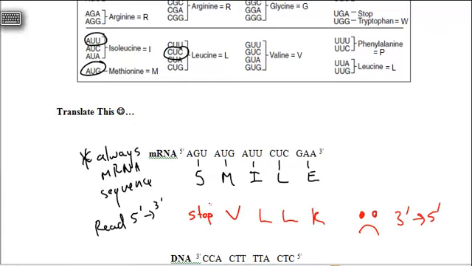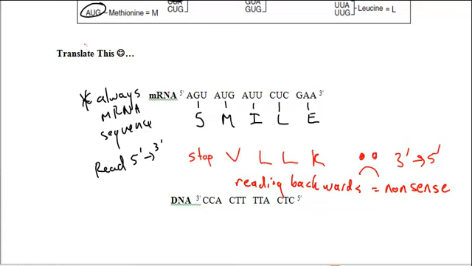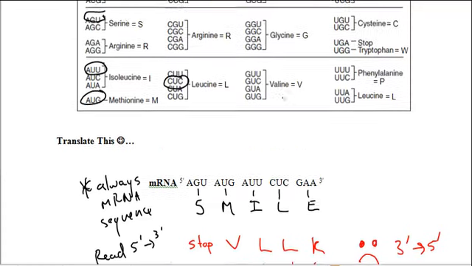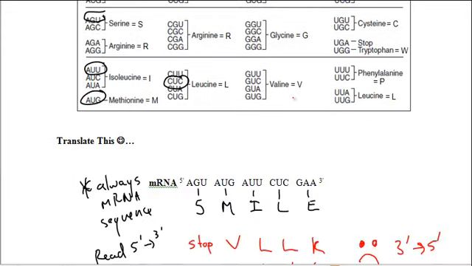You can see if you read backwards, you get nonsense. And in your body, even though they're not spelling out sentences or words, you would get a nonsense protein, something that didn't function. So the body has to read 5' to 3', and when we translate, we have to read 5' to 3' based on the mRNA.